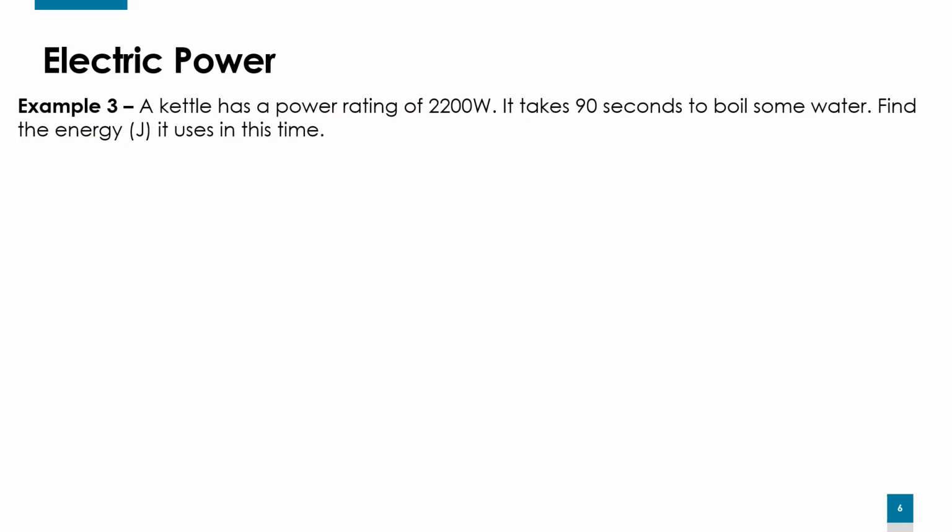Next one. A kettle has a power rate of 2,200 watts. It takes 90 seconds to boil some water. Find the energy it uses in this time. So let's make our list. No, before the list, sorry, let's highlight. A power of 2,200 watts. It takes 90 seconds to boil.